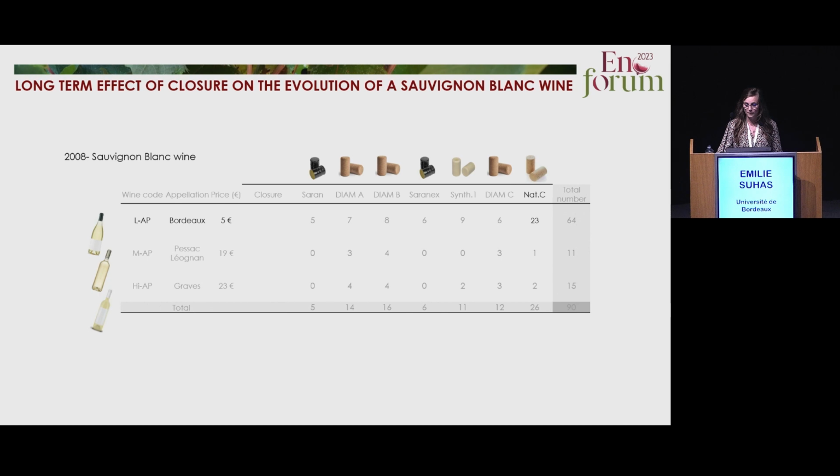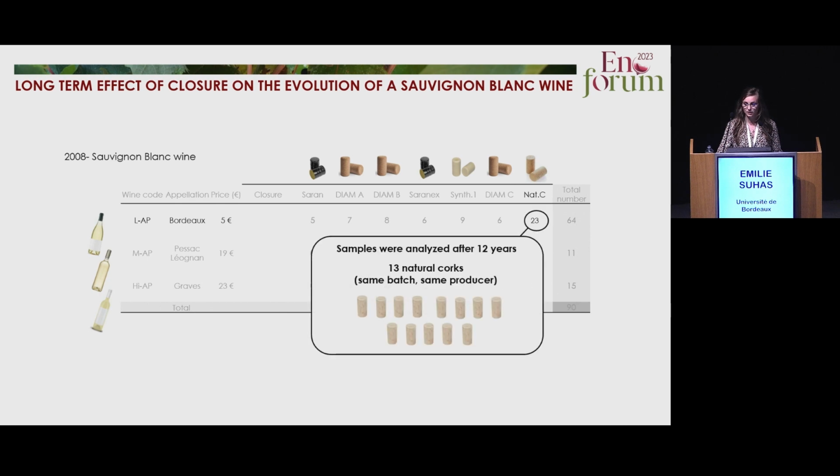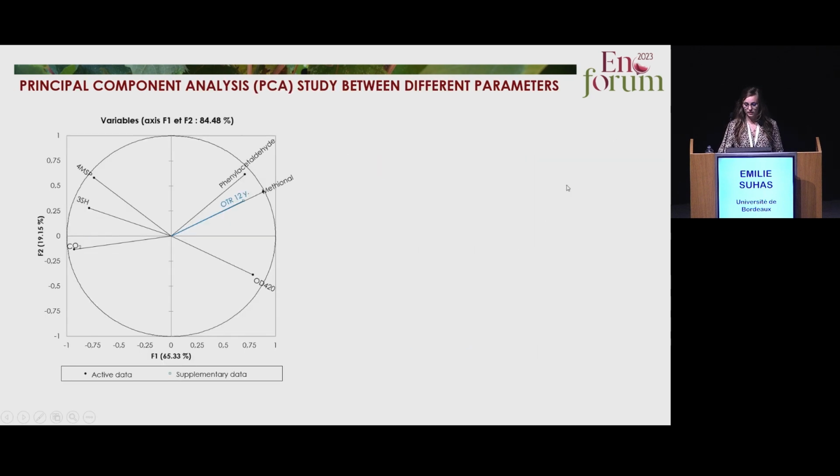To characterize from a molecular standpoint the various stoppers, we've worked on the first wine. The designation would be Bordeaux, with a natural cork, and we used 13 samples. After 12 years, we measured the OTRs and quantified the markers I mentioned before. To see the various parameters, we carried out a PCA, a principal component analysis.